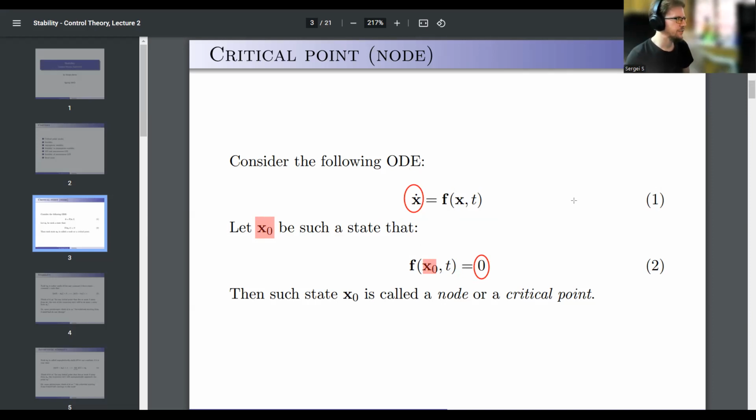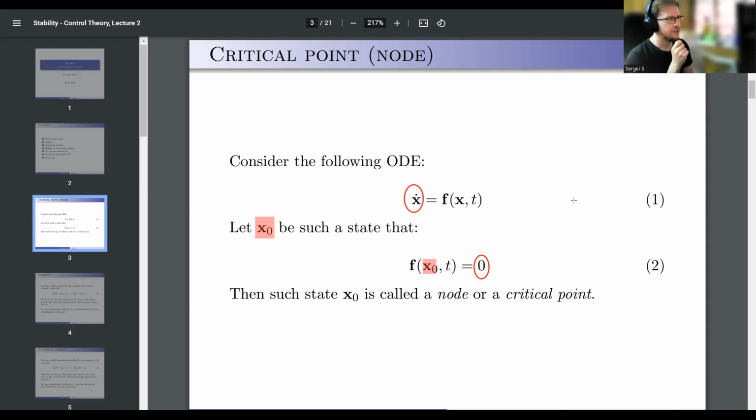What is the idea behind calling it various names, node, critical point? Well, the idea is it is a special state. It is special because if the system is at this state, it's not going to leave it.